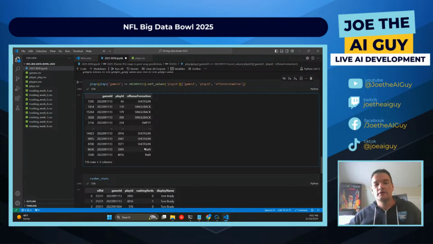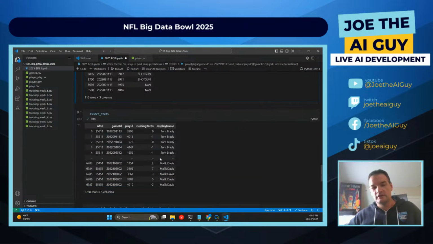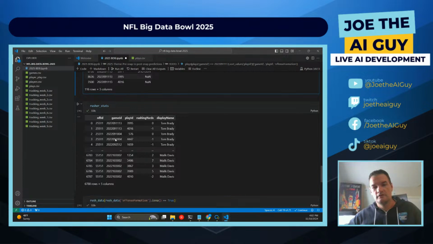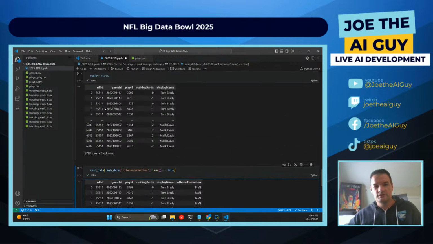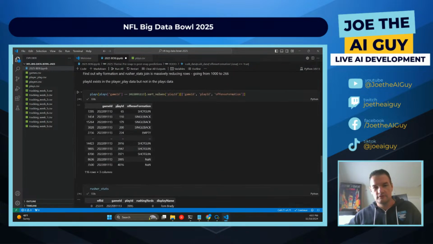And so here's why. These are not coming back as an offensive formation. So these are likely a bunch of kneel situations. But let's just double check, see if it's a similar situation for this game.